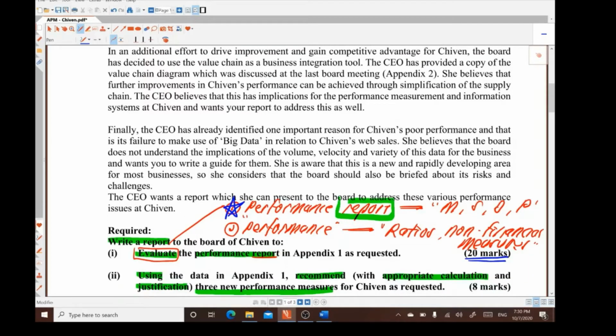Now, finally, the CEO has already identified one important reason for Shivan's poor performance, and that is its failure to make use of big data in relation to Shivan's web sales. Now, class, it's important later for us to refer to the definition of big data, which we believe is mainly to support data mining.